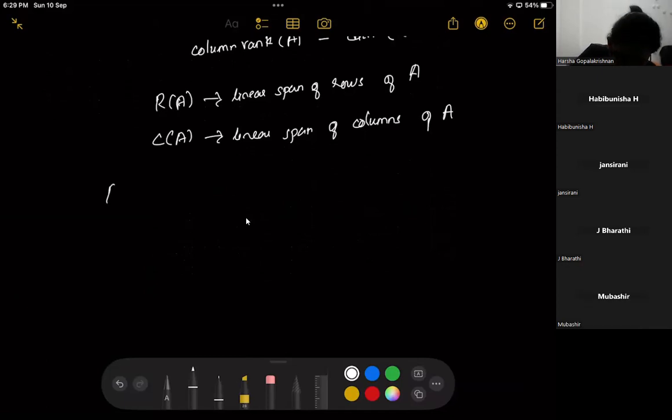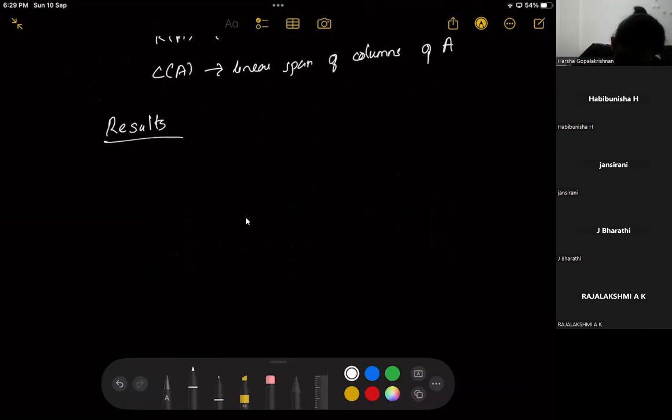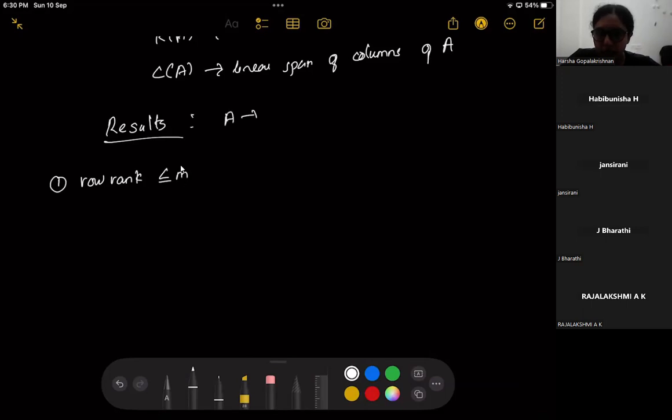Okay. So these are something important. You just need to remember this basic result. So A is an M by N matrix we are taking. If A is an M by N matrix, row rank will be less than or equal to M. Can anyone say the reason why row rank will be less than or equal to M?